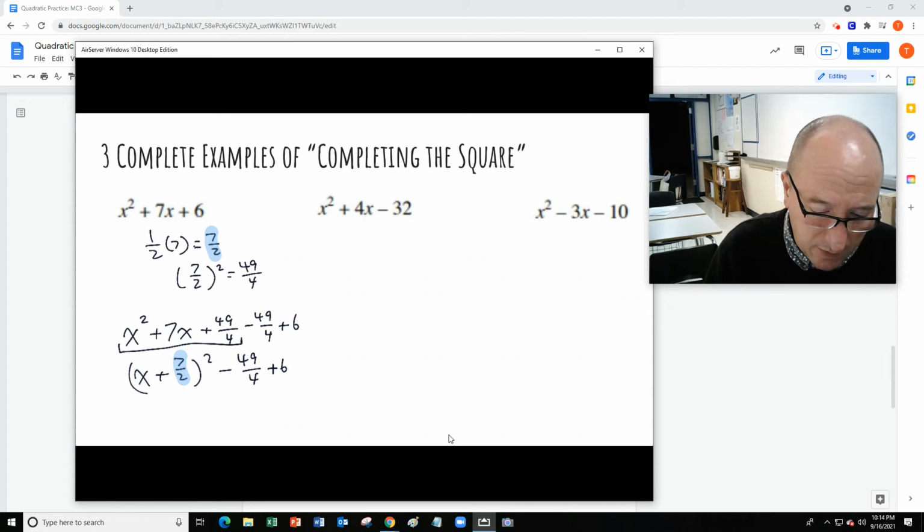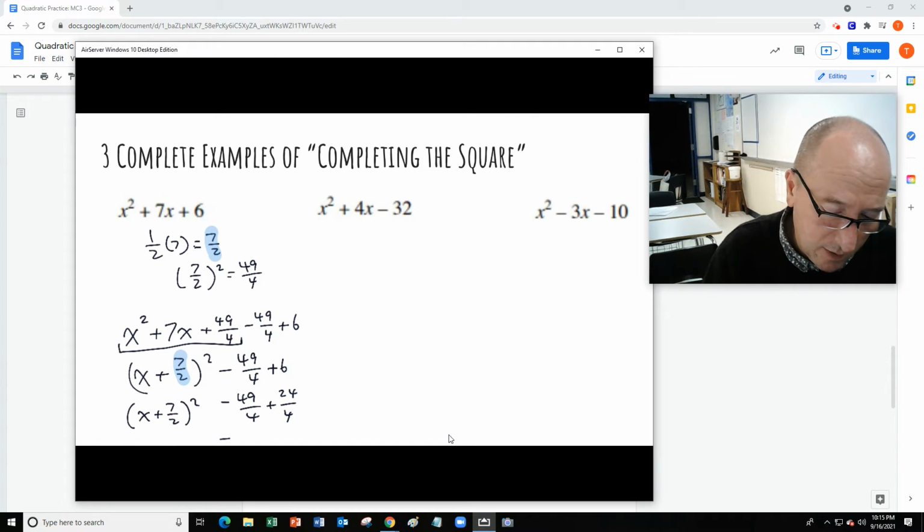So we can write this as minus 49 over 4 plus 24 over 4, and this just remains x plus 7 over 2 squared. And cleaning this up a little further, negative 49 plus 24 would be negative 25 over 4, I believe. And we get x plus 7 over 2 squared minus 25 over 4.